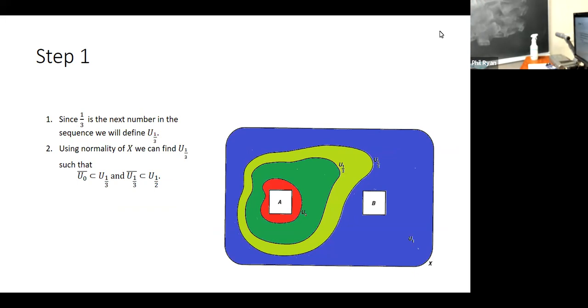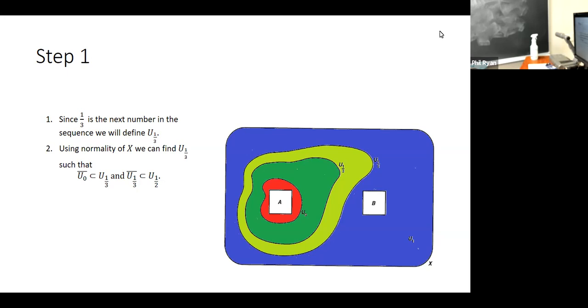Let's do it again. The next thing is a third. A third is the number after a half, and we're going to put it between U0 and U1/2. So we're using normality, and what we're going to use normality on is the set U0 and the complement of U1/2.